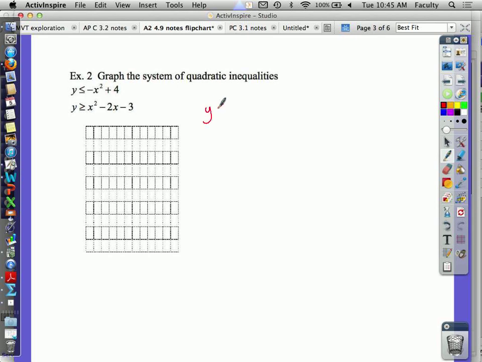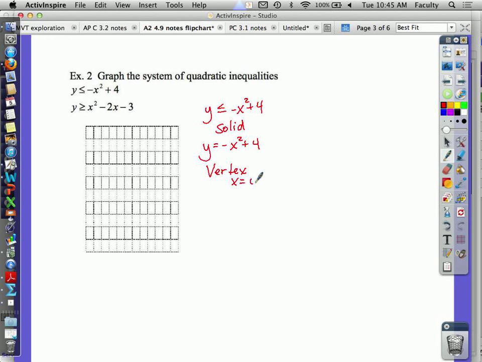So with the first one, this one's solid. Then you change it to an equal sign. And then let's find the vertex.